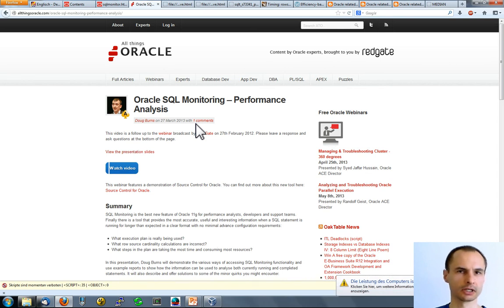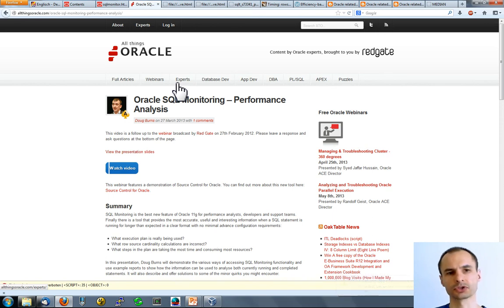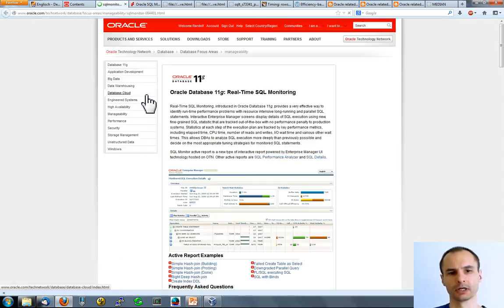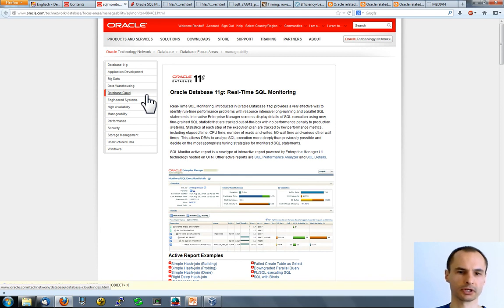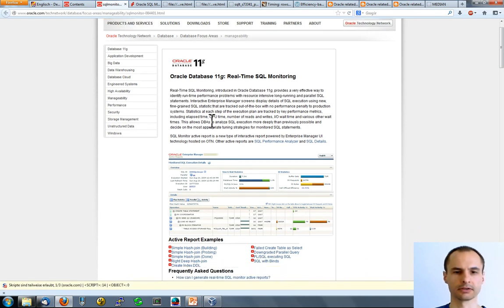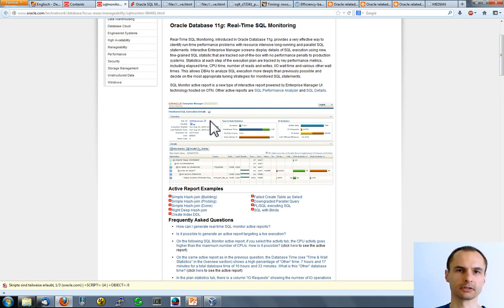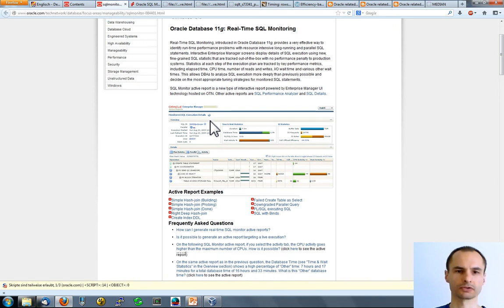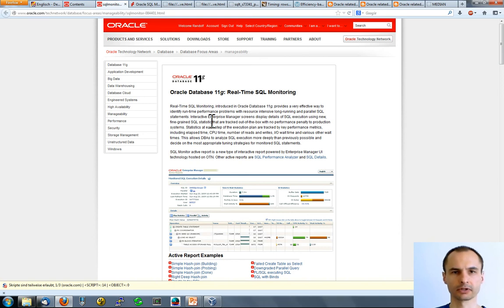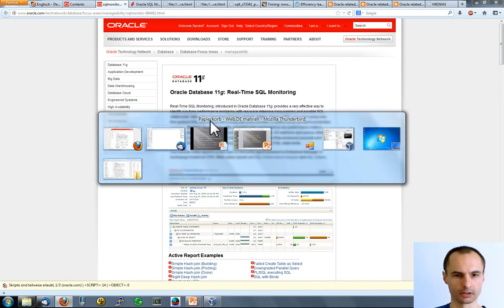It was added in 11g and extended in 11.2, and it's a pretty cool feature for analyzing a single SQL execution. There is also an official landing page on the Oracle webpage where you can see examples and what you actually get from real-time SQL monitoring. So if you're interested in that, you can get a lot of information there.